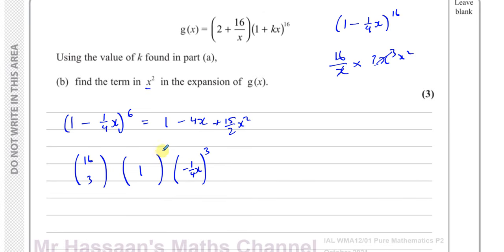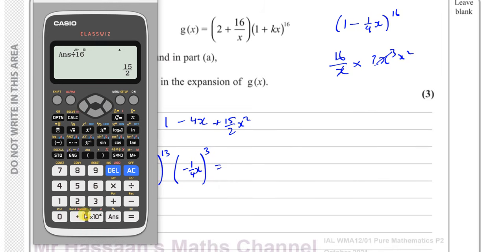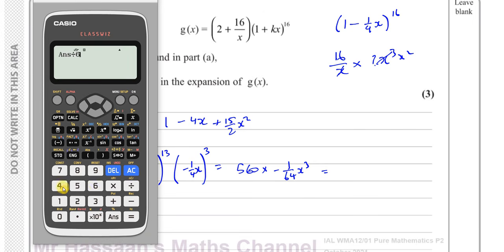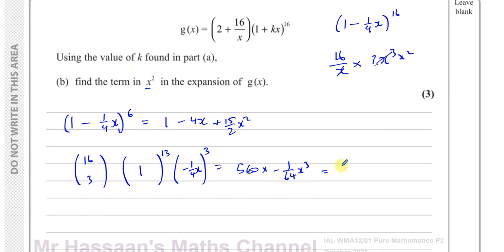So I'm going to have 16 C3, which gives you 560, times minus a quarter cubed, which is minus 1 over 64 x cubed. So we have 560 divided by 64, and that gives us 35 over 4. So it's minus 35 over 4 x cubed, and now my expansion is complete up to what I need to answer the question.